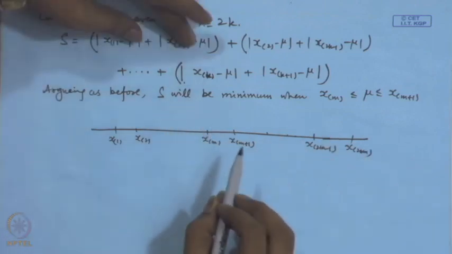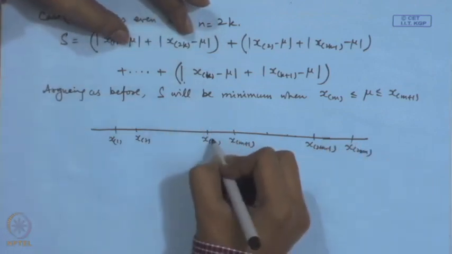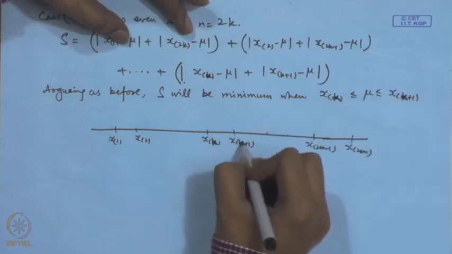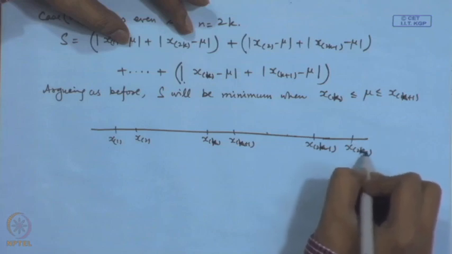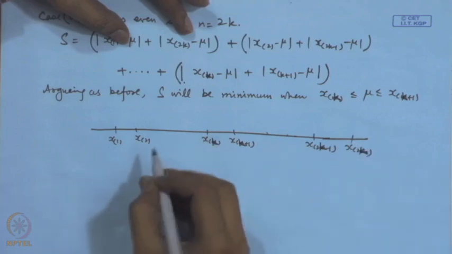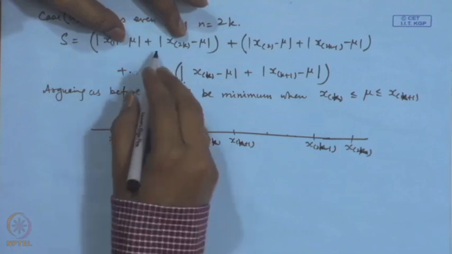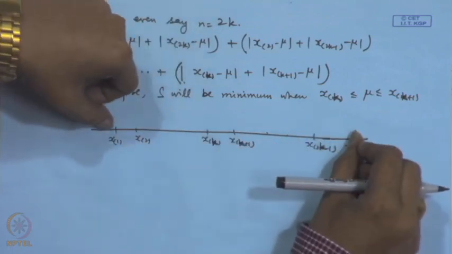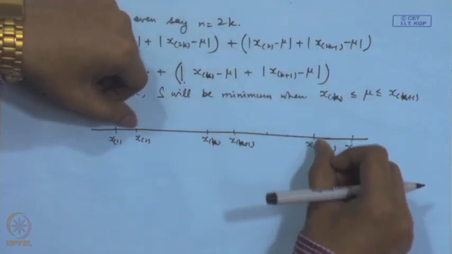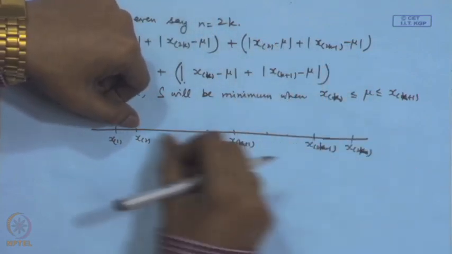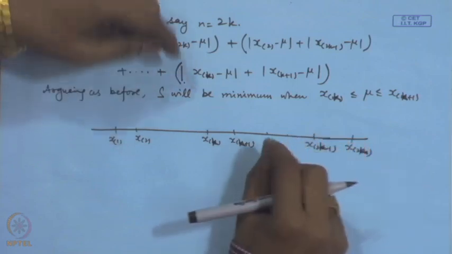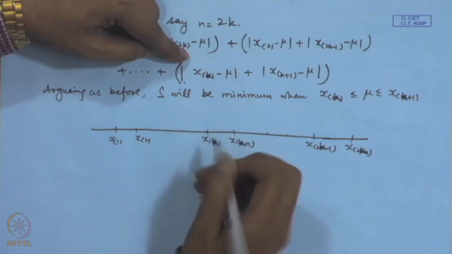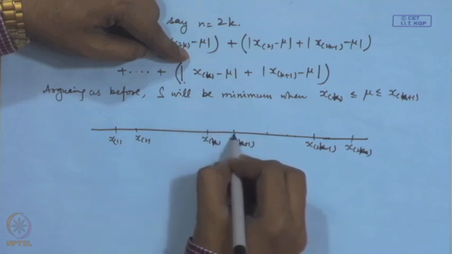So, here this will be k. Here, if you see, the first term will be minimum when mu lies between the largest interval. The second one will be minimum when the mu lies between x 2 to x 2 k minus 1 and so on. The last sum will be minimized when mu lies between x k to x k plus 1.